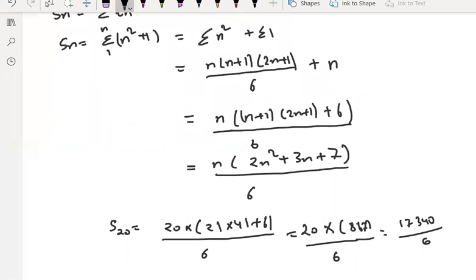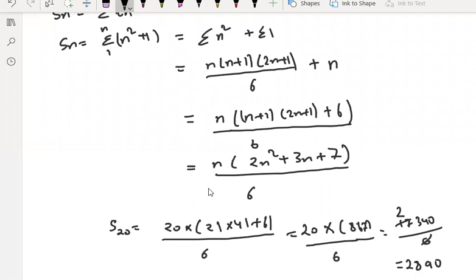Yes, very good. So the answer is 2890. Check your calculation. The answer is 2890, because the last term is 0. So obviously, the last term should be 0, right?